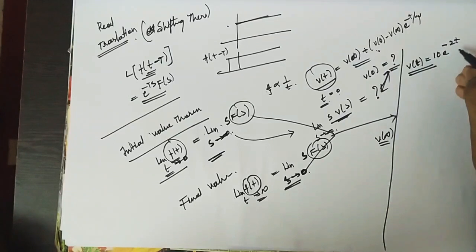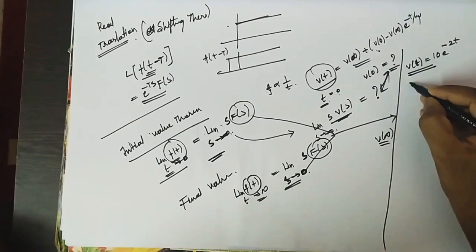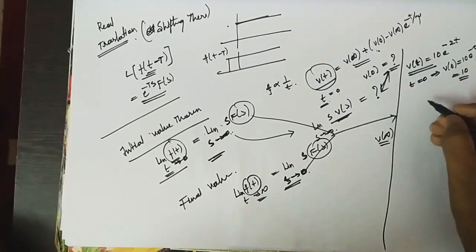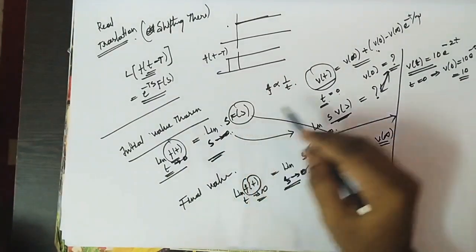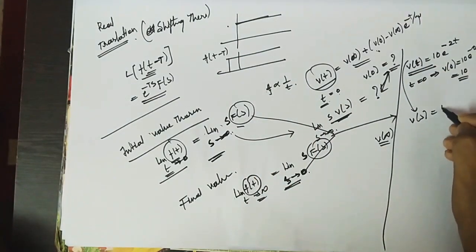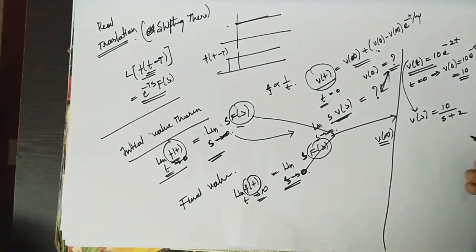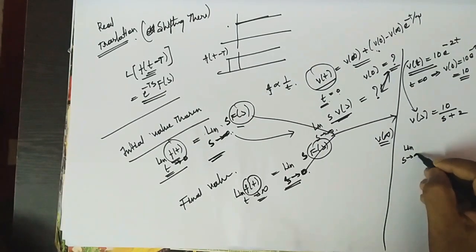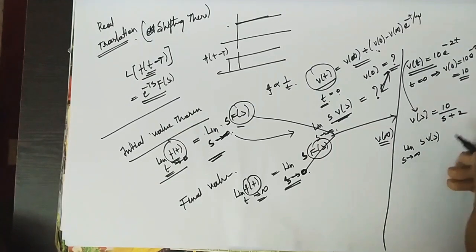If you apply t equal to 0, v of 0 equals 10 into e power minus 0, so you get the value 10. Now by using this formula, the Laplace transform of this is V of s equal to 10 into 1 by s plus 2. Take the limit as s tends to infinity of s into V of s.